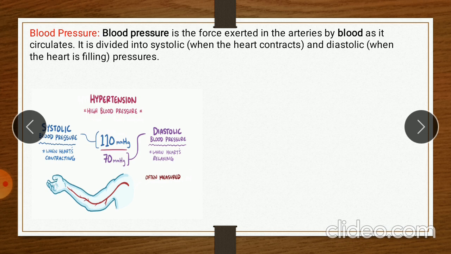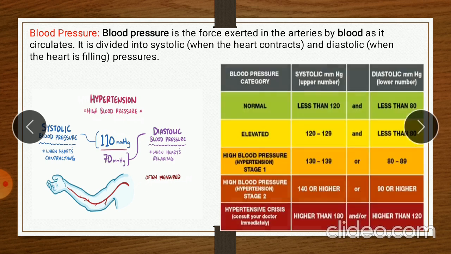So there are two types, systolic and diastolic blood pressure. The normal range is 110 mm of Hg systolic and 70 mm of Hg diastolic, that is 110 over 70. When there is an increase in this blood pressure, the condition is called hypertension.